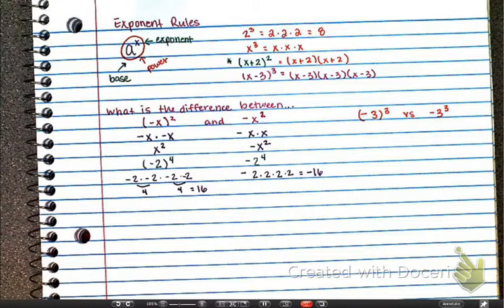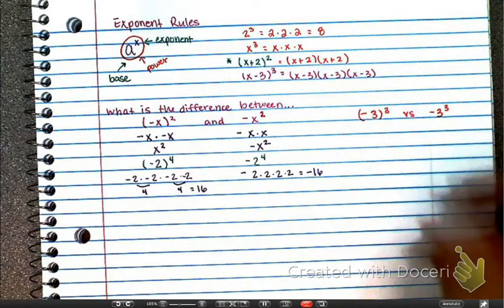Someone tell me what the first part means. Anybody? What does it mean? What does negative 3 to the third power mean? Thanks, Tyler.